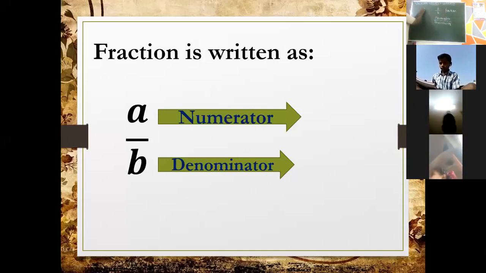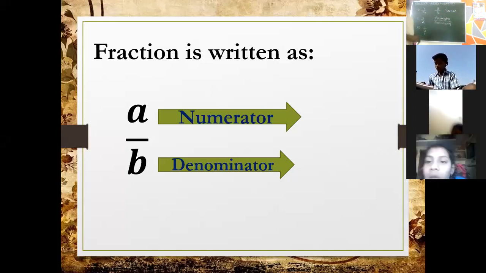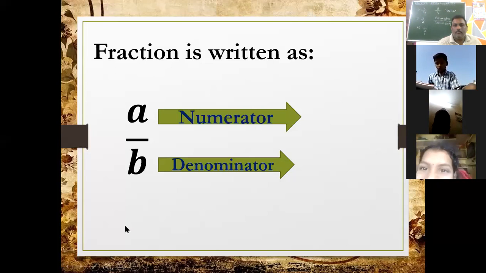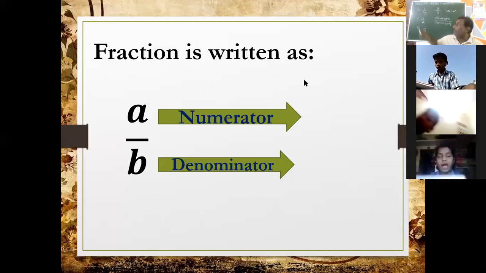For example, 3 by 4. What is the numerator here? 7 by 2, 1 by 4. So I'm giving some examples here. In these examples, you can unmute yourself and give the answer.